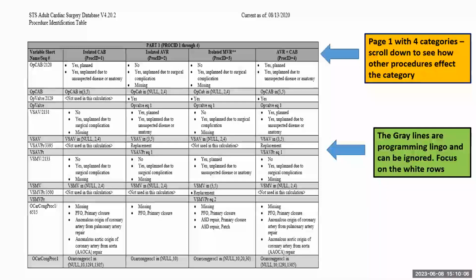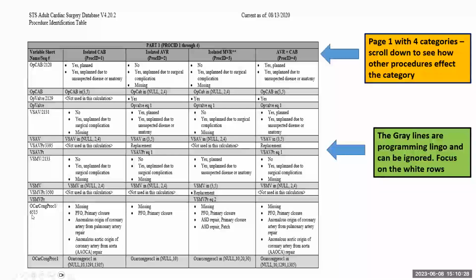All right. So, for example, let's look here. So you have an isolated CAB, and you will see here sequence 6515, other cardiac congenital procedure. Okay.